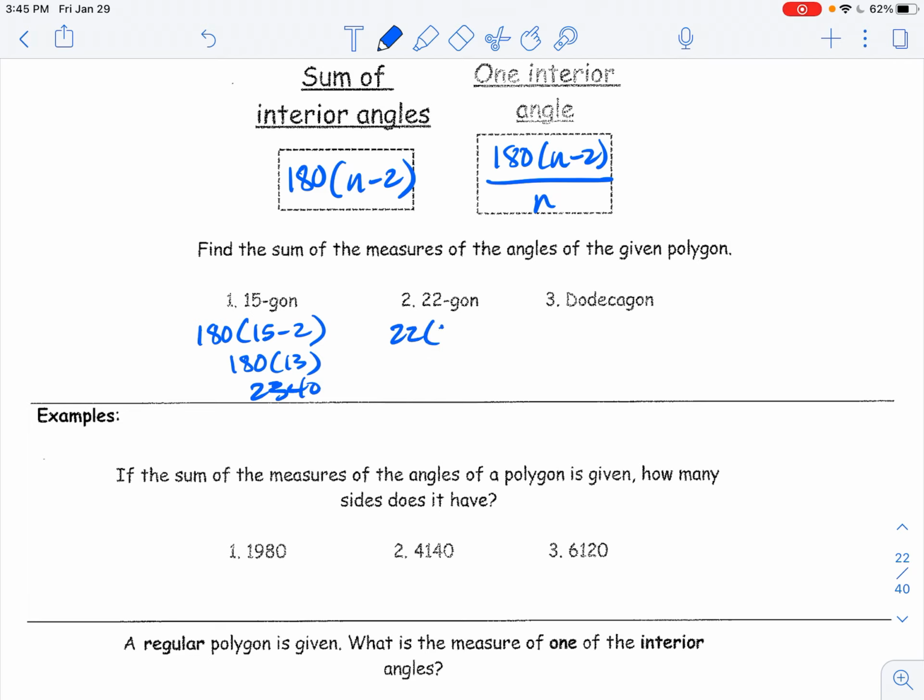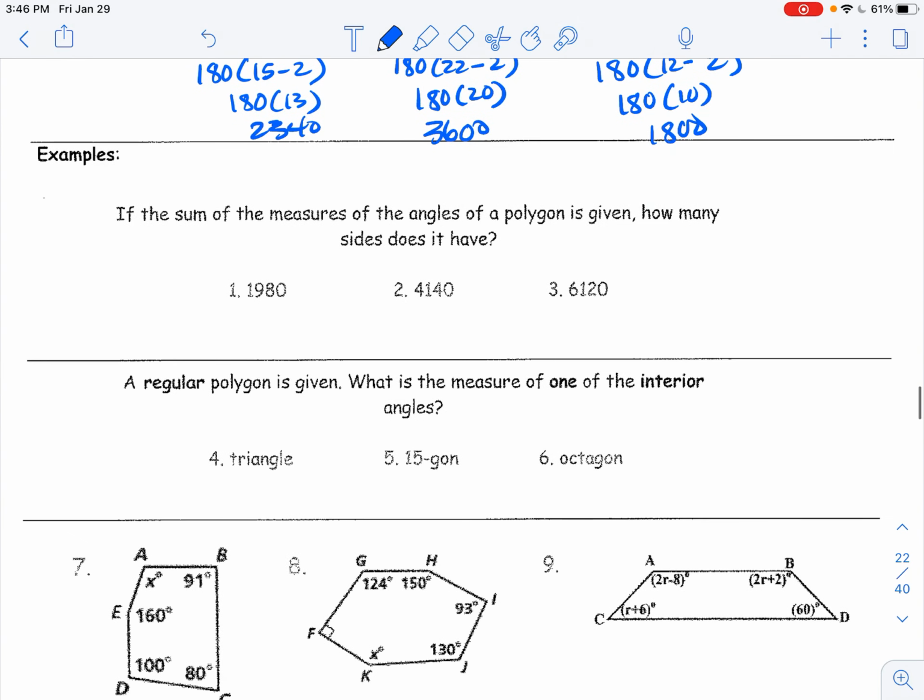And a 22-gon: 180 times 22 minus 2, that's 180 times 20. And that one I can do in my head because it's just 18 times 2 is 36 with 2 more zeros. And then the dodecagon, well, I already did that one, but it's just 12 minus 2, so that's 180 times 10, which is 1800.